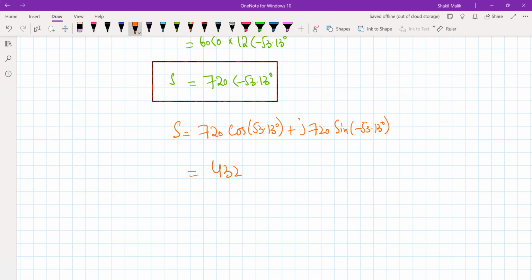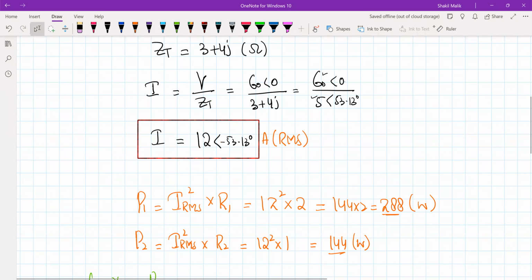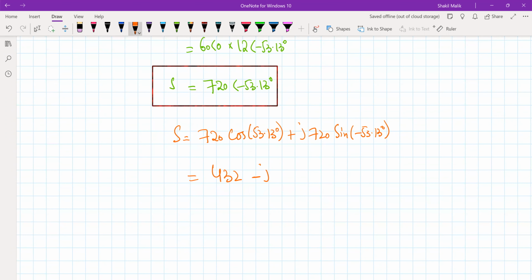Please check the calculations. Is the current minus or plus here? Current is minus, so it will be minus j 585. You check it yourself. Okay, so this is the complex power supplied by the source.